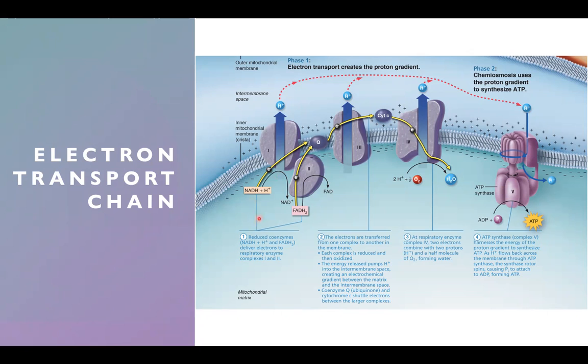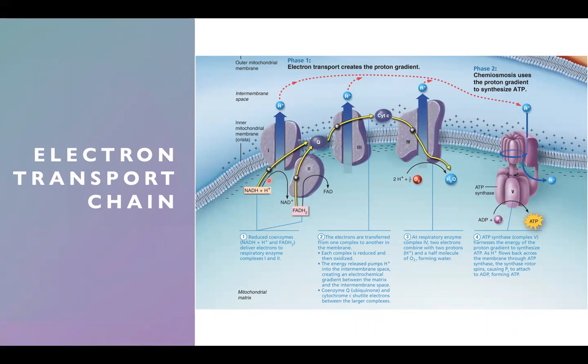And how that happens, we take our reduced coenzymes, which are NADH and FADH2. They're reduced because they have these extra electrons in their bonds with their extra hydrogen atoms that they picked up. These will deliver their electrons to respiratory enzyme complexes 1 and 2.